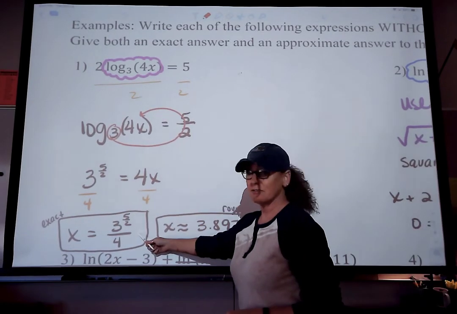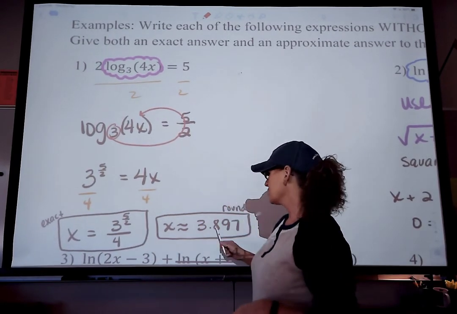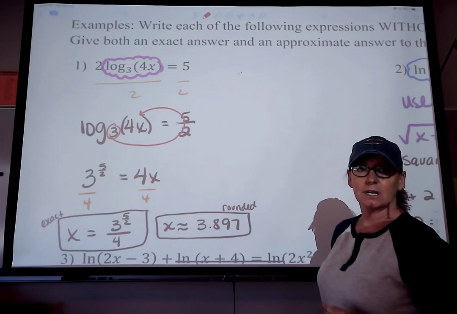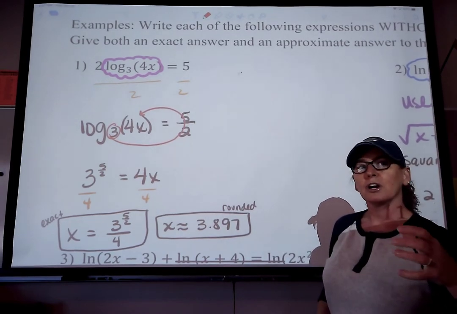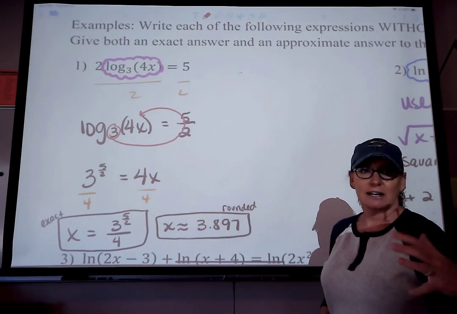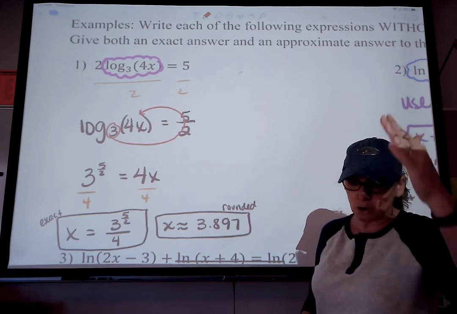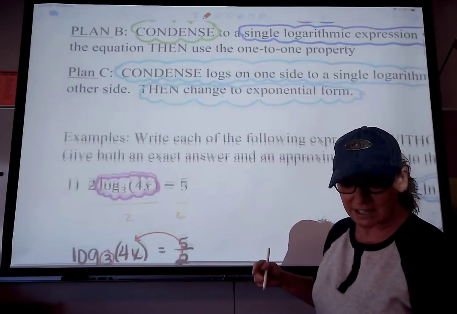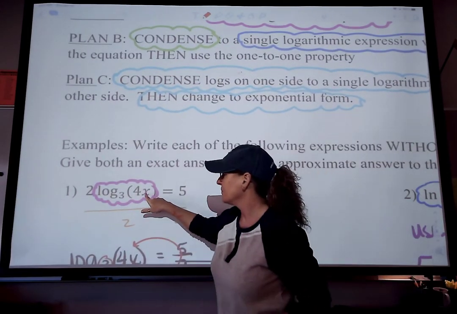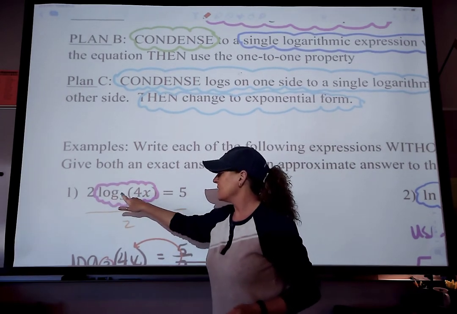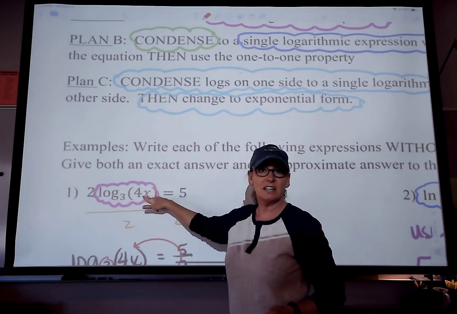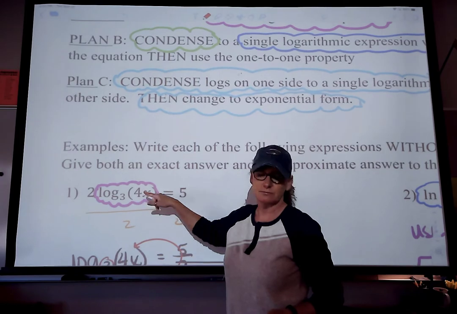Here's my exact version. Kind of weird, I know. Here's my rounded version. So I got 4-ish, 3.897. That's 4-ish. Real quick, jump back up here. If x is 4-ish, can you log 16-ish? Sure you can. Okay.